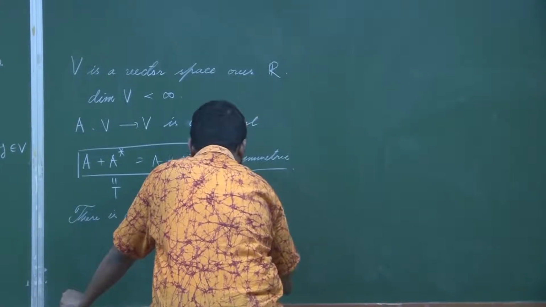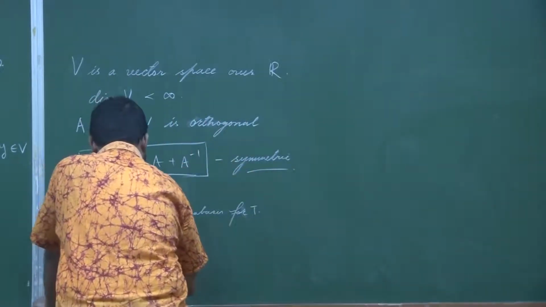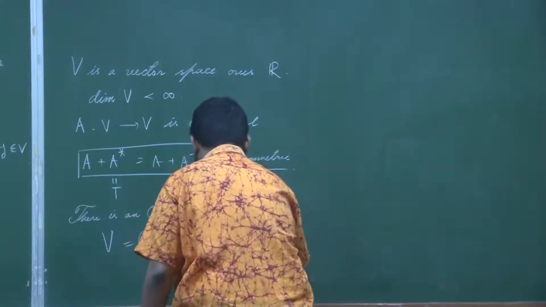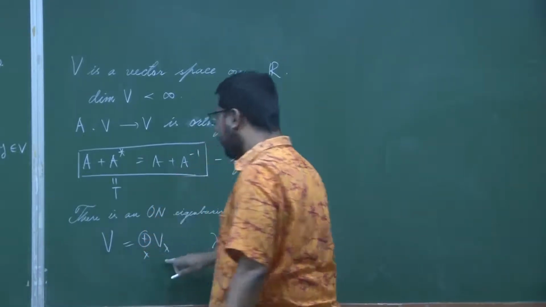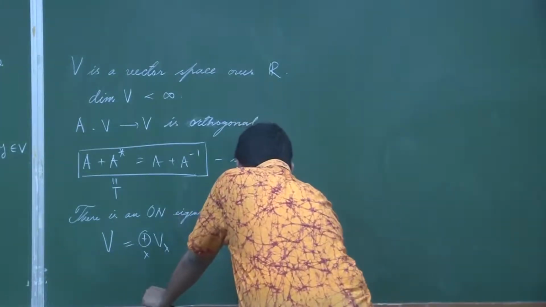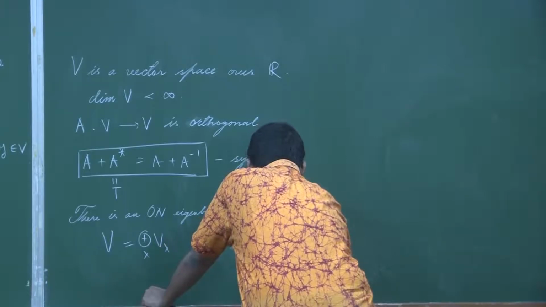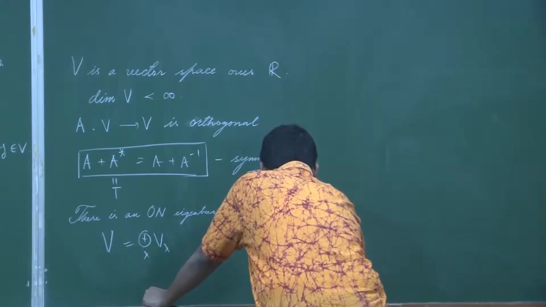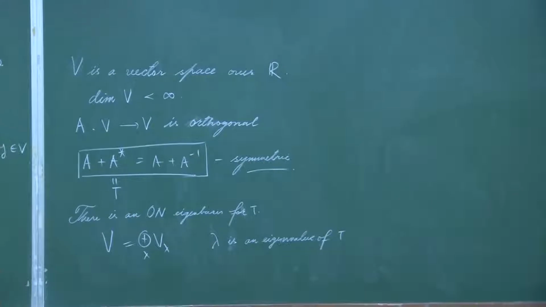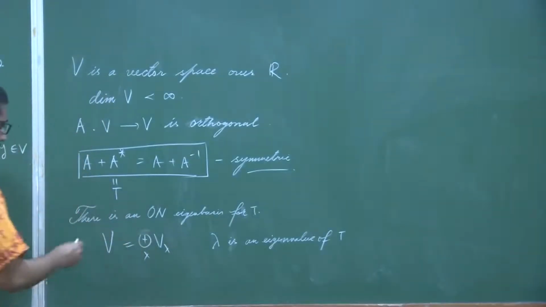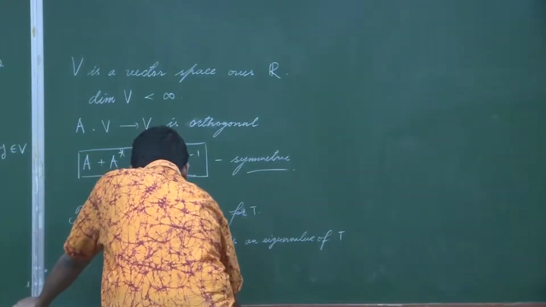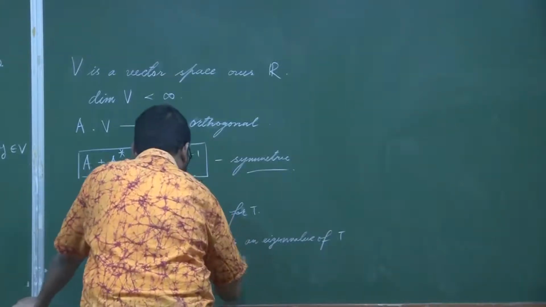Thus V is written as the direct sum of V lambda, where, since T is diagonalizable, V is the direct sum of the eigenspaces V lambda, lambda an eigenvalue of T. And V lambda is nothing but the kernel of T minus lambda I.